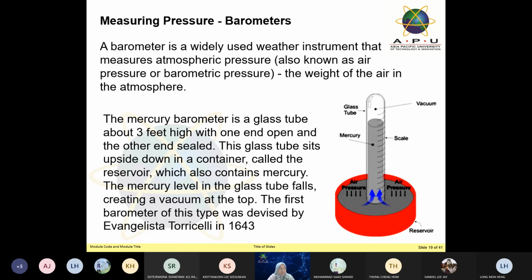Okay. Next is measuring pressure. How do we measure the pressure? We can use a barometer. A barometer is a widely used weather instrument that measures atmospheric pressure, or air pressure, or barometric pressure, the weight of the air in the atmosphere.